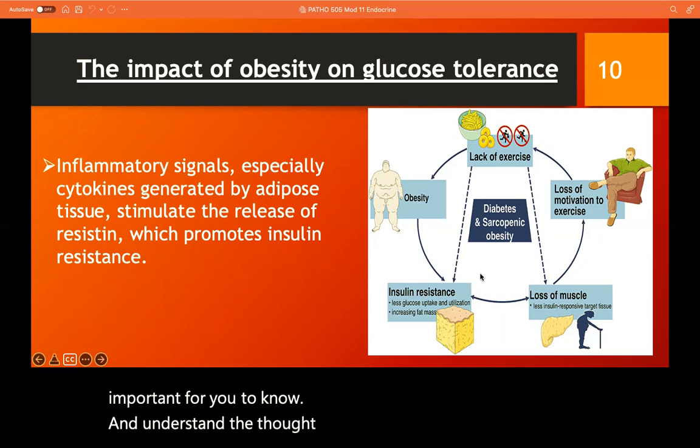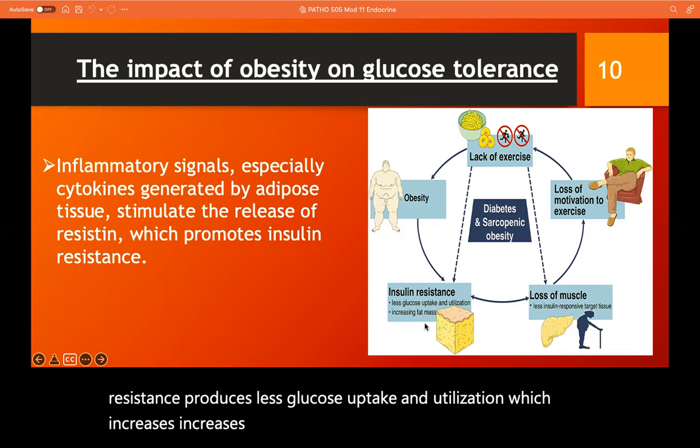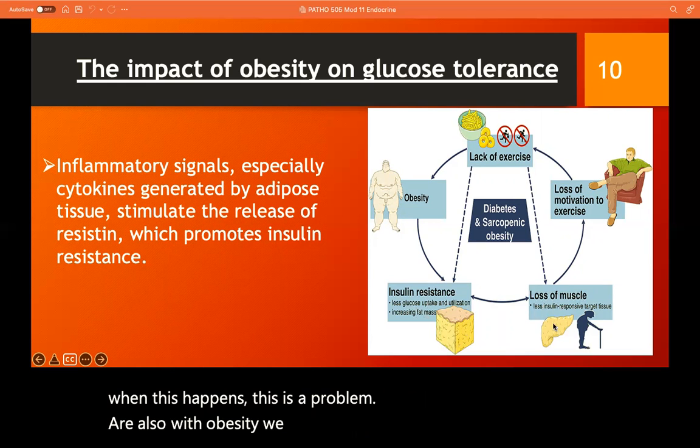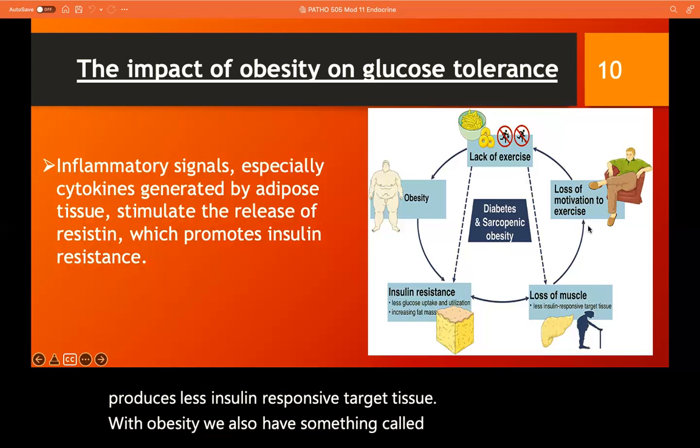So remember, insulin resistance produces less glucose uptake and utilization, which increases fat mass. We don't need extra fat mass. So when this happens, this is a problem. Also, with obesity, we have a loss of muscle, which again produces less insulin-responsive target tissue. With obesity, we also have a loss of motivation to exercise.